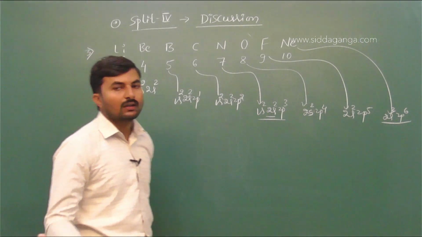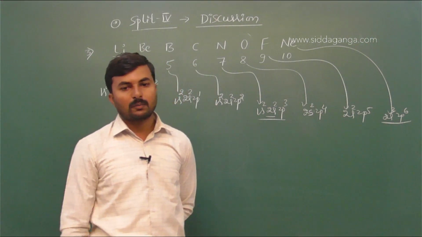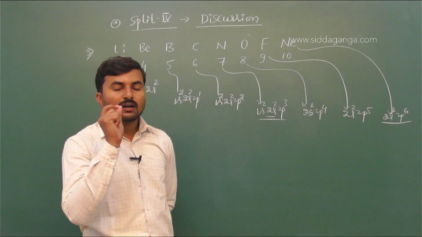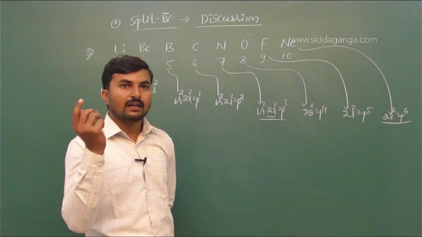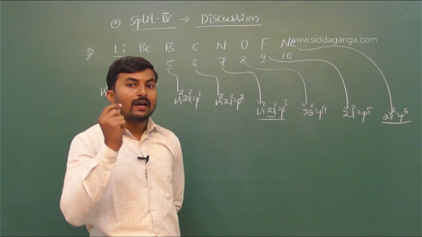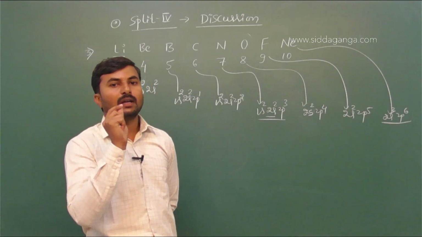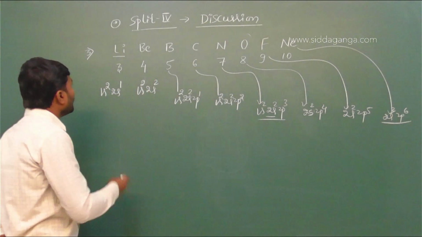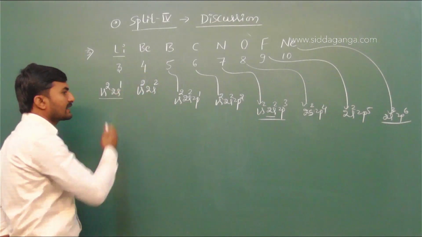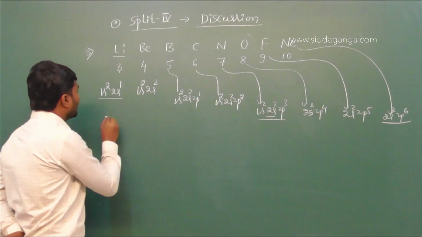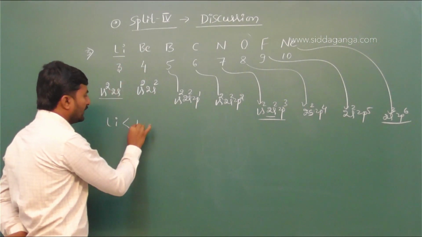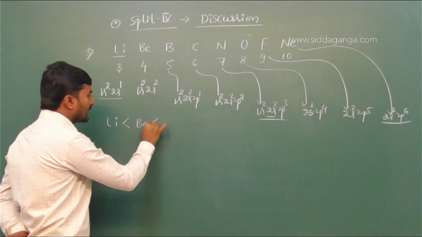There are some electronic configurations in our periodic table, and the elements that possess such stable configurations, that means a doublet configuration or octet configuration, make it very difficult to remove the electron from their shells. Here lithium, having a 1s2 2s1 configuration, can lose its electron very easily, such that the ionization energy of lithium is less than that of beryllium, and less than that of boron.